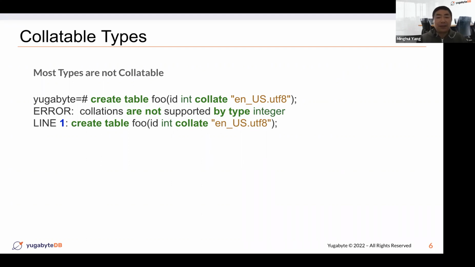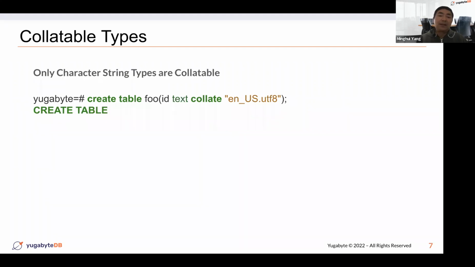We try to create a table that just has one column, ID, of integer type, and we say, hey, I want this collation. The concrete syntax is COLLATE and then a collation name, which is double quoted. As we see, the compiler rejected it, saying this is not supported by type integer. Only the text string types are collatable.